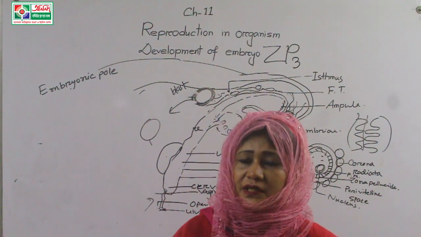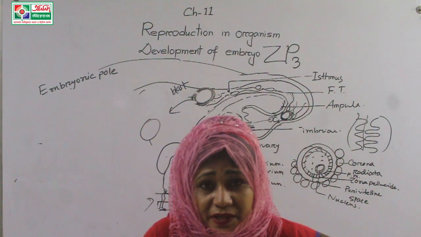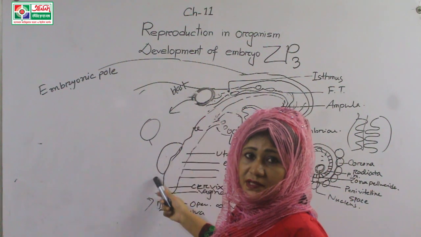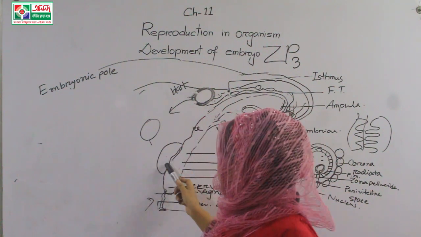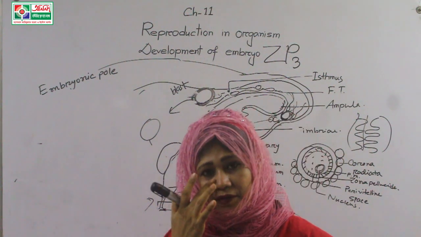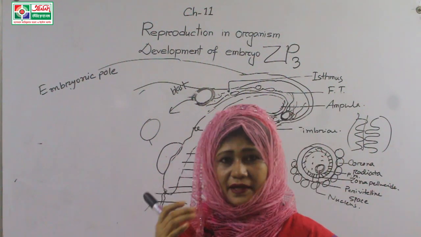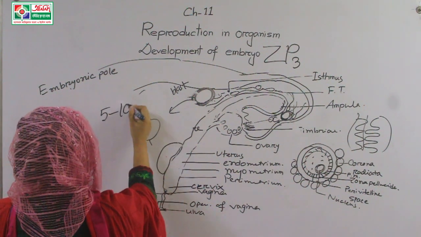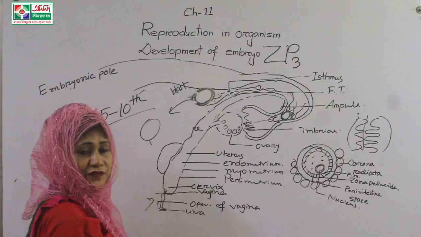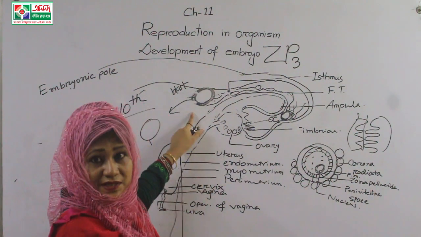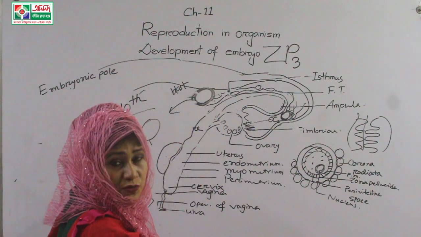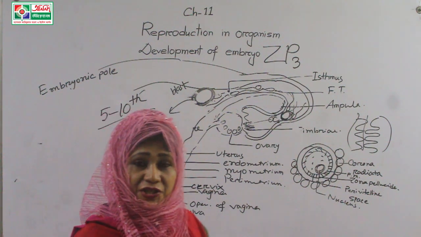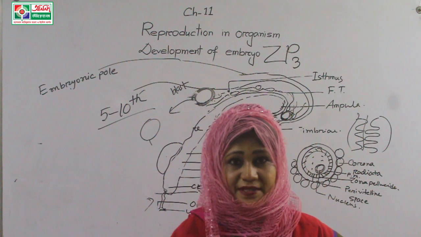What is implantation? Implantation is the placement of the blastocyst in the wall of the body of the uterus, and the timing is 5th to 10th day, because morula was on the 3rd day, blastocyst was on the 4th day, and implantation will be 5th to 10th day.